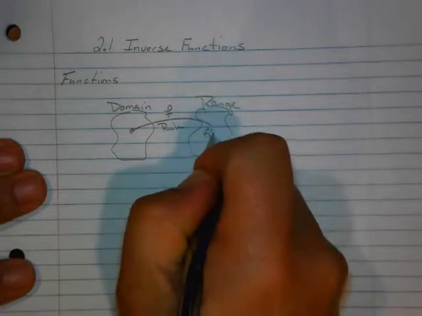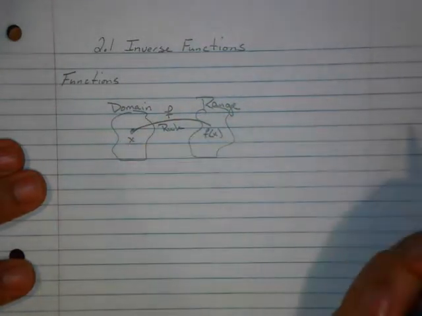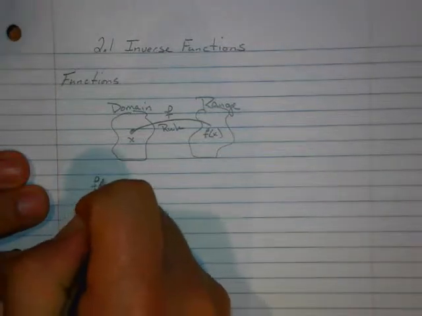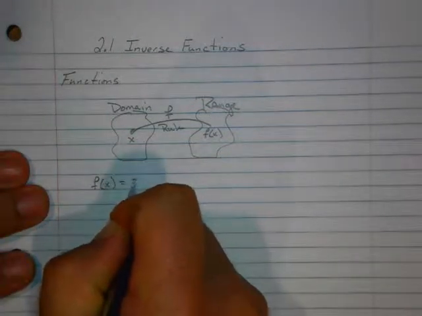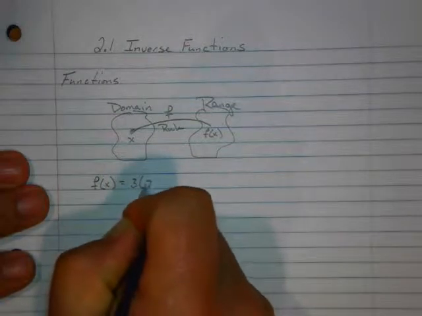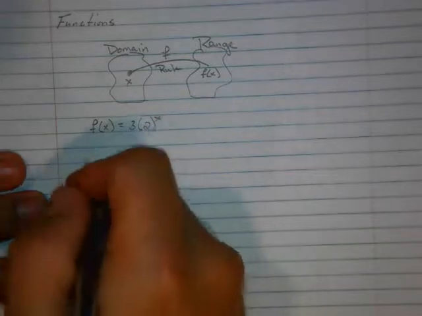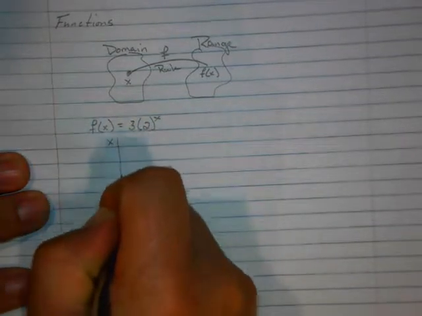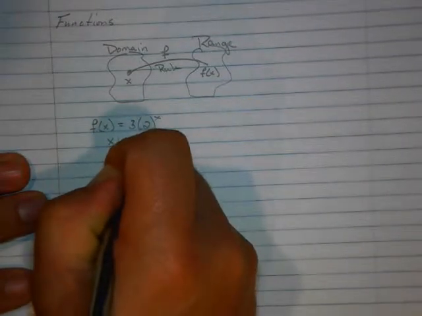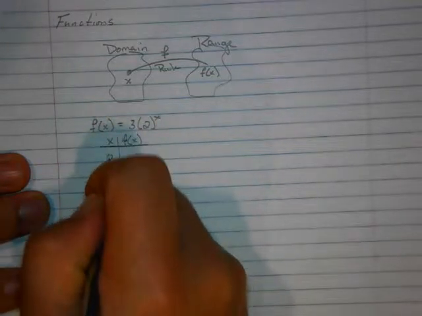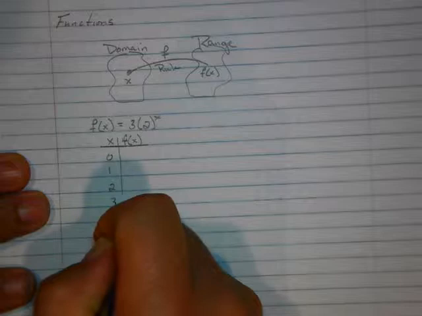So for example, if we had f of x equals 3 times 2 to the x. And if I was to create a table for this, for 0, 1, 2, 3. So I can pick any input I want for this function.